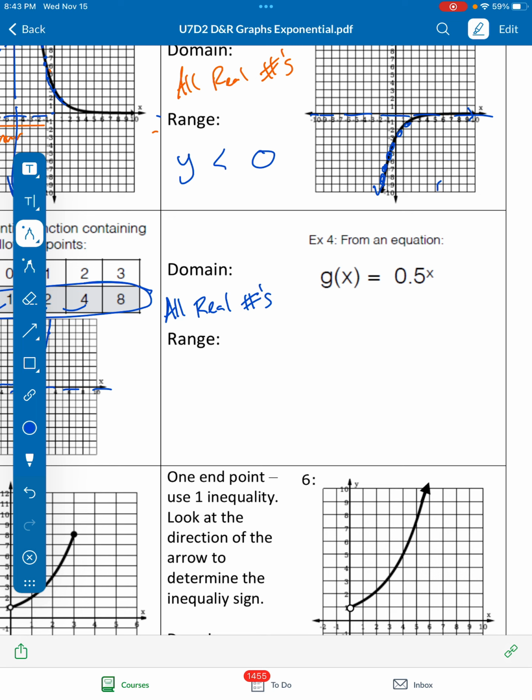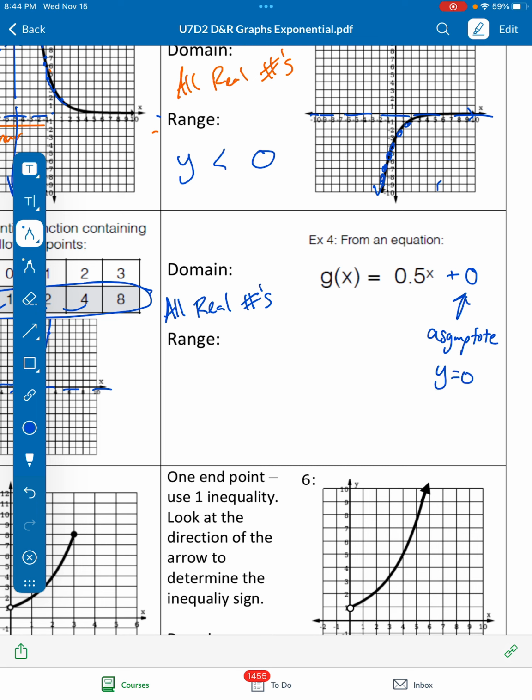And the way we know for sure that my asymptote is y equals 0 here is that the asymptote only changes when there's a number added or subtracted. So whatever number is added or subtracted at the end, that would be the asymptote. So what number is added or subtracted? The answer for this question is 0. That means my asymptote is y equals 0.